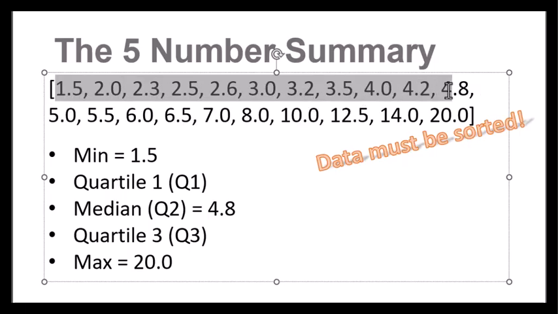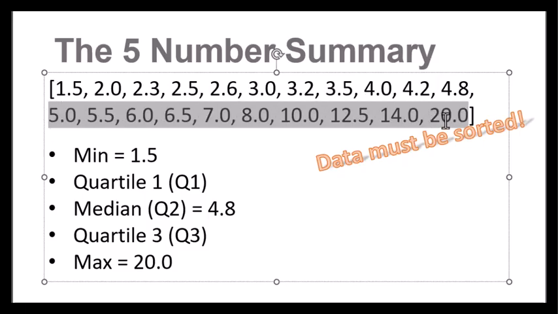Now, there's a decision here in whether we want to include the median or not. Because I have an odd number of data values in the entire set, that 4.8 value was in the middle, with 10 above and 10 below. I can take that 4.8 number out and look at the first 10 values and then the last 10 values as two separate data sets and find the median of each one of those.